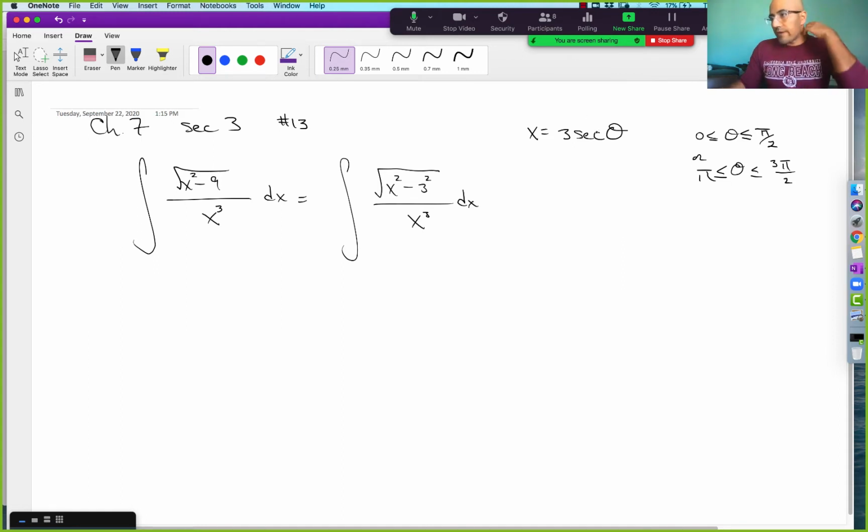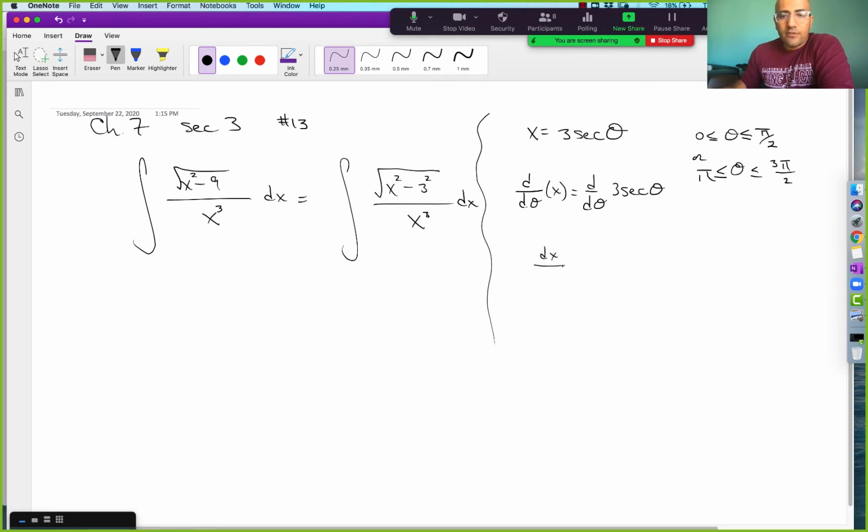Once we have that, we can find our derivative. Taking the derivative with respect to theta of x equals the derivative of 3 secant theta. On the left-hand side, that's just dx d theta, which equals 3 secant theta tangent theta.